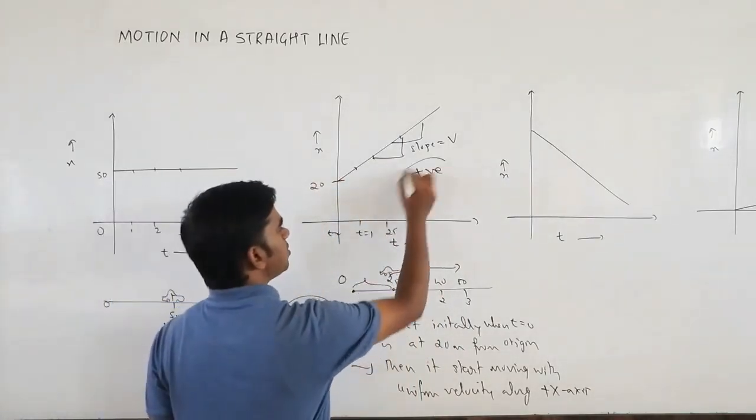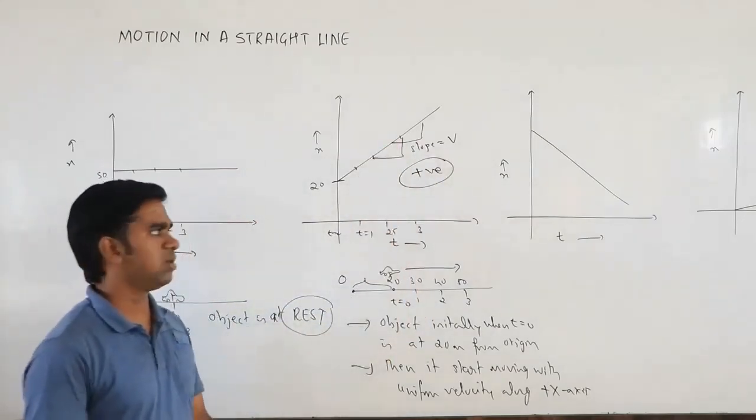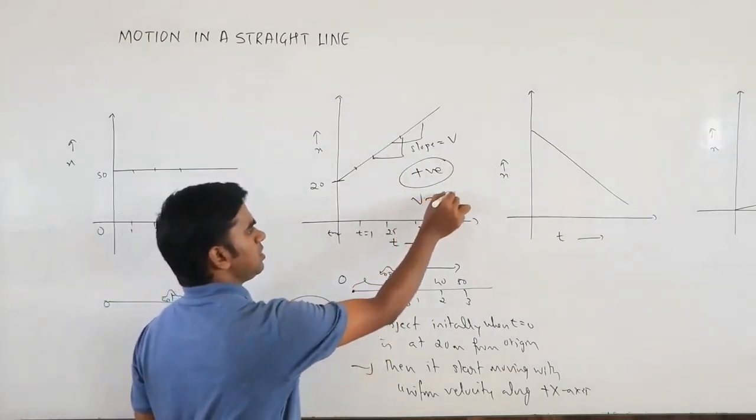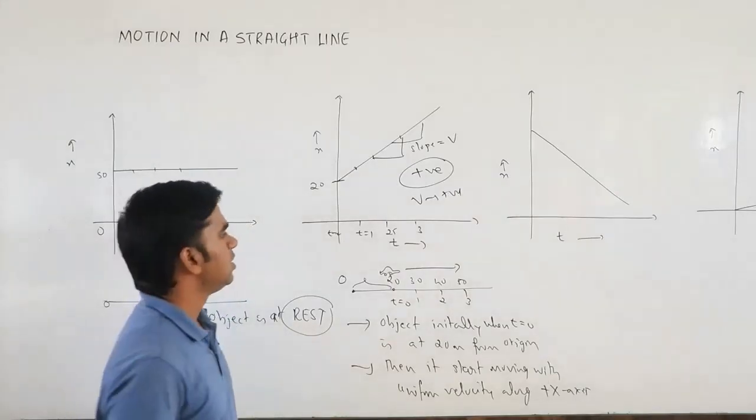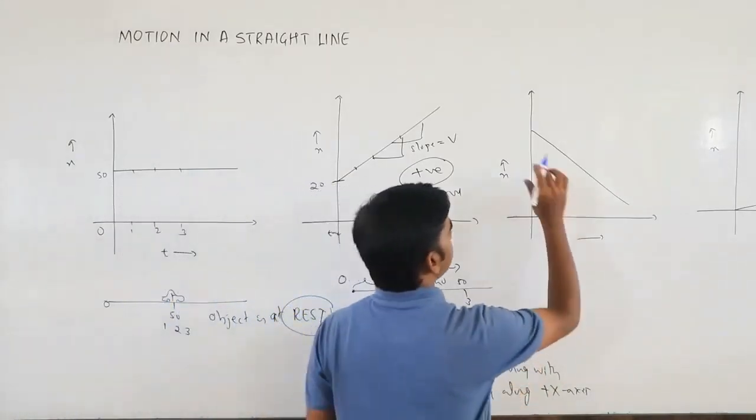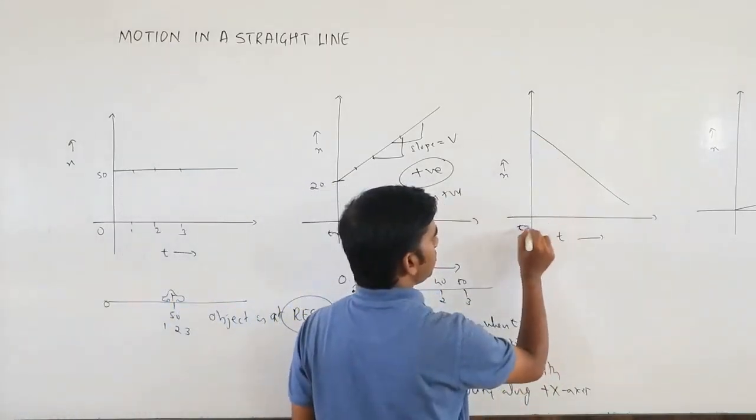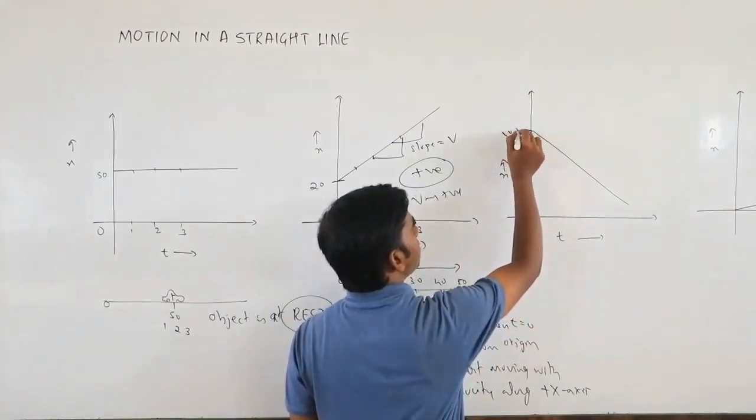So the slope is positive here. That means the velocity is positive. Remember.